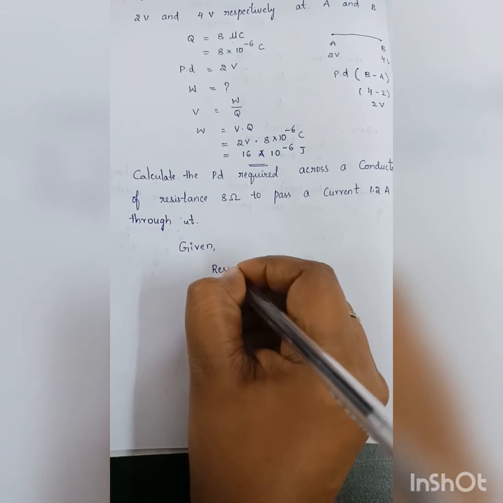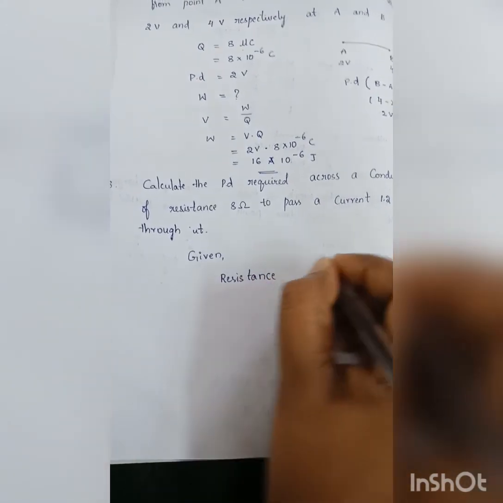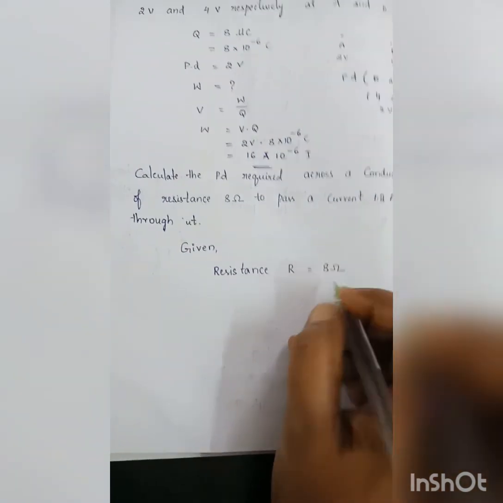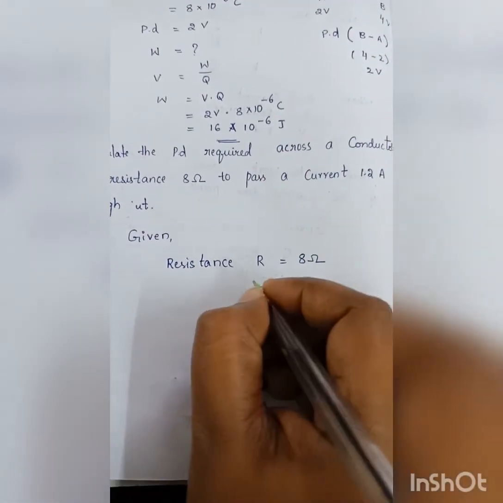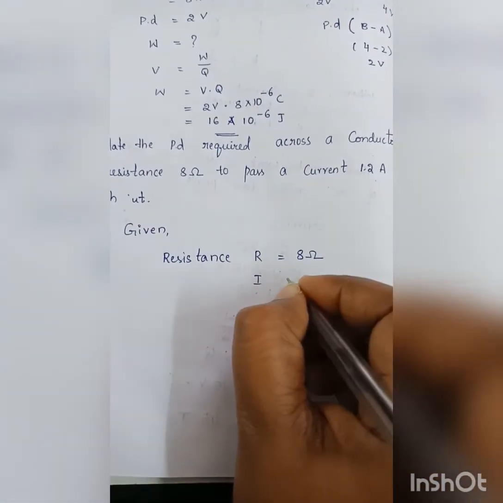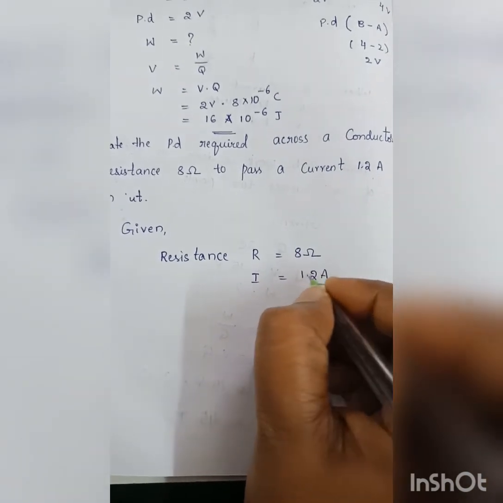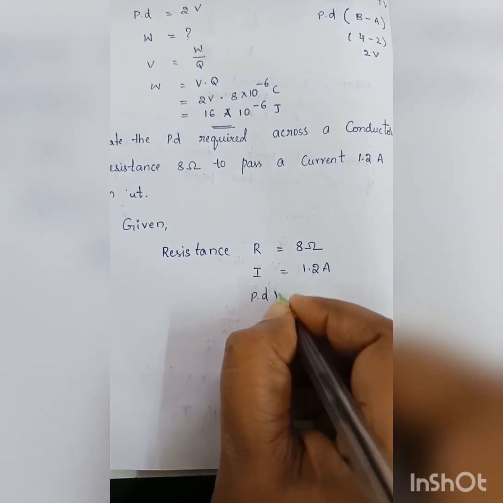Given resistance R equal to 8 ohms. Next they given current, that is I equal to 1.2 amperes. What we need to calculate? We need to calculate potential difference V.